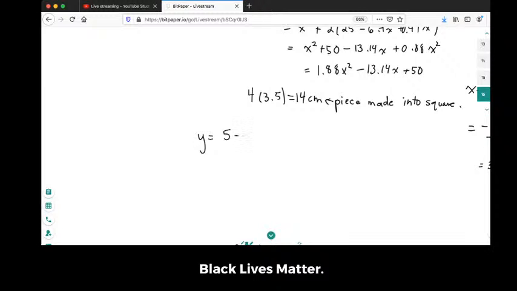So 5 minus 2 over 3 times 3.5 equals 7 divided by 3. Yeah, so 5 minus 7 divided by 3, which is going to give us y equals 2.66 centimeters, which is the width of the rectangle.